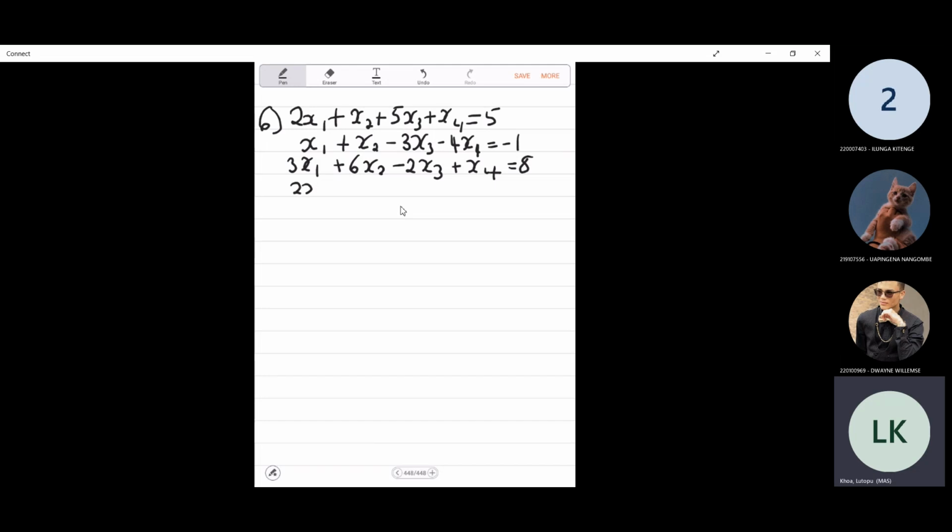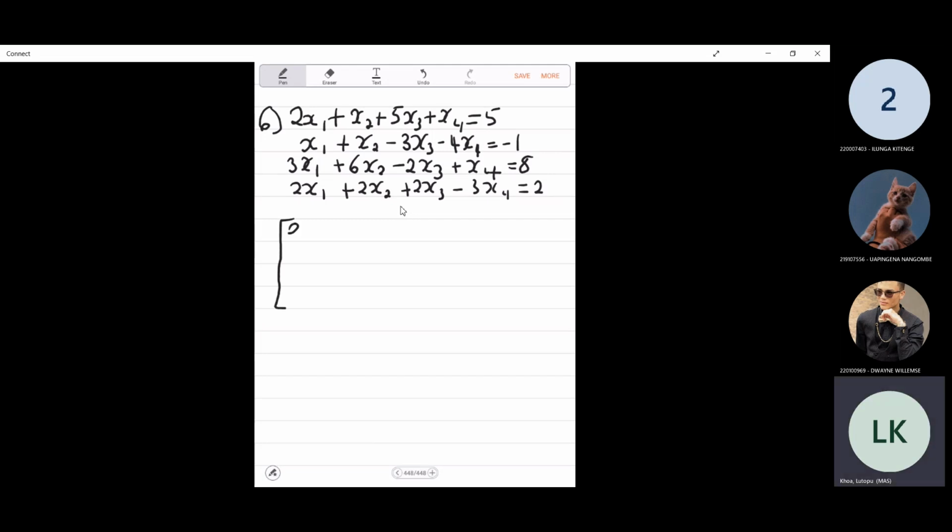And then 2x1 plus 2x2 plus 2x3 minus 3x4 is equal to 2. Okay, so we need the augmented matrix.